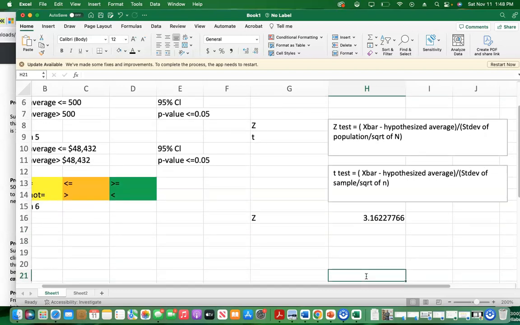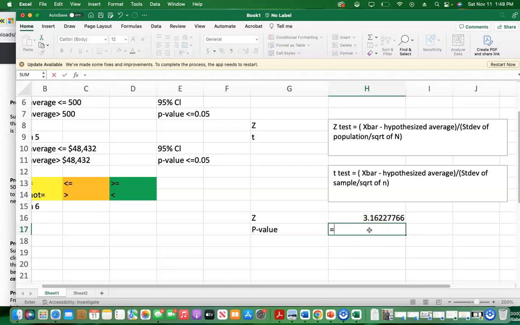So once you have the z value, it's easier to get the p value, or probability value. And in this case, all you have to do is to apply a function. So put the equal sign, just type norms. Please don't forget to put this s. In this case, you are given two choices, the norms dist and norms inverse.